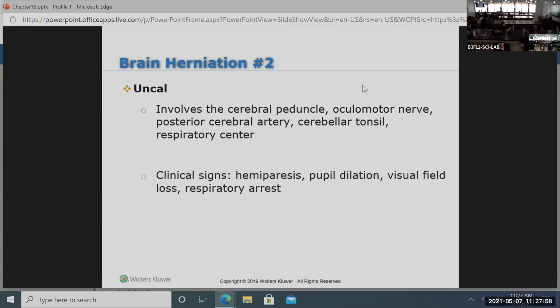Where is the respiratory center located? By the way, where are my vital centers located? Which part of the brain has vital centers?